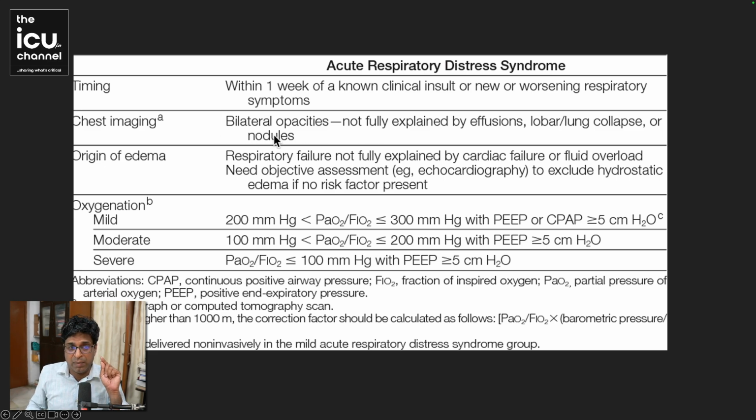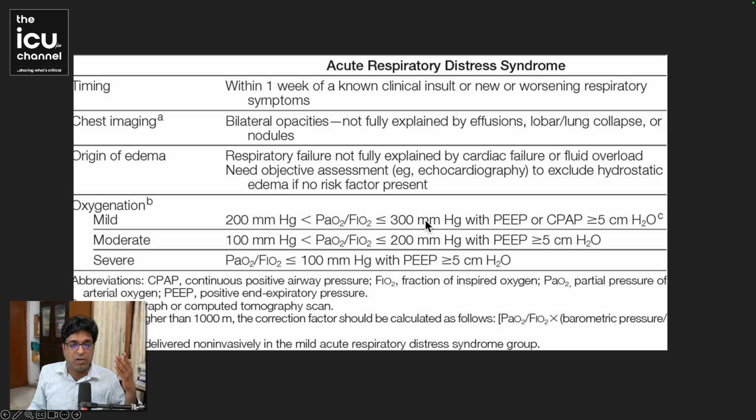It's not unilateral. It should be bilateral, not fully explained by effusion, lobar or lung collapse, or nodules. Origin of edema: respiratory failure not fully explained by cardiac failure or fluid overload. Objective assessment you can do by echocardiography or pro-BNP also.